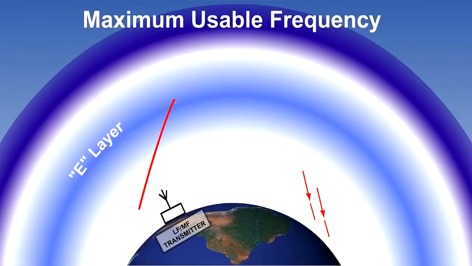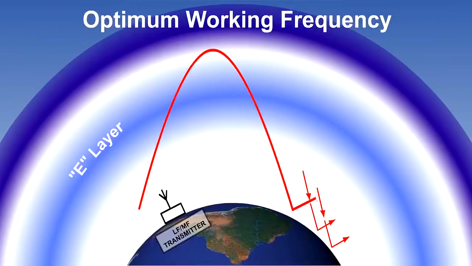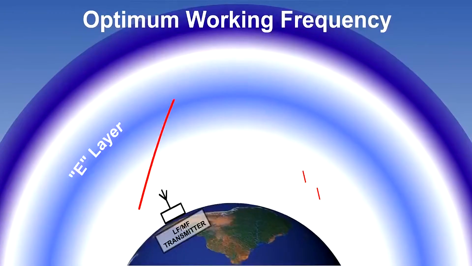It is usually highest at noon, when ionization levels are at their highest. However, because of the inevitable ionospheric fluctuations, a compromised frequency is used, which is called the optimum working frequency. This avoids the possibility of the frequency occasionally being too high and the skip distance being too great.